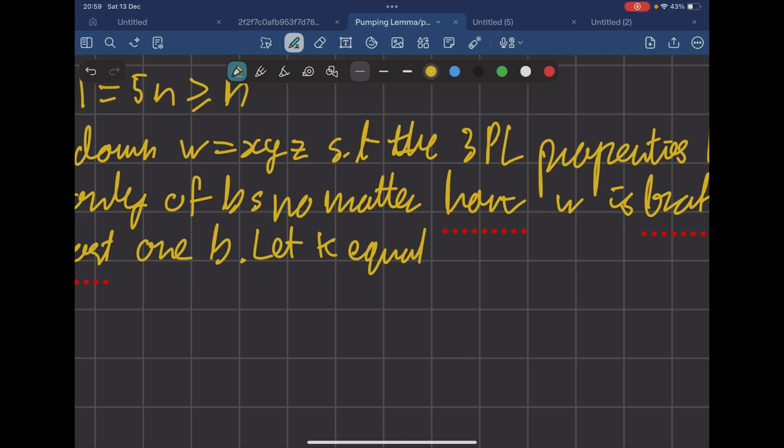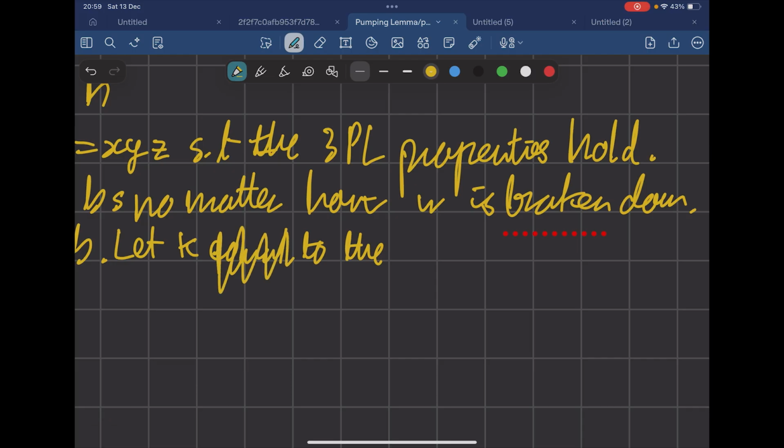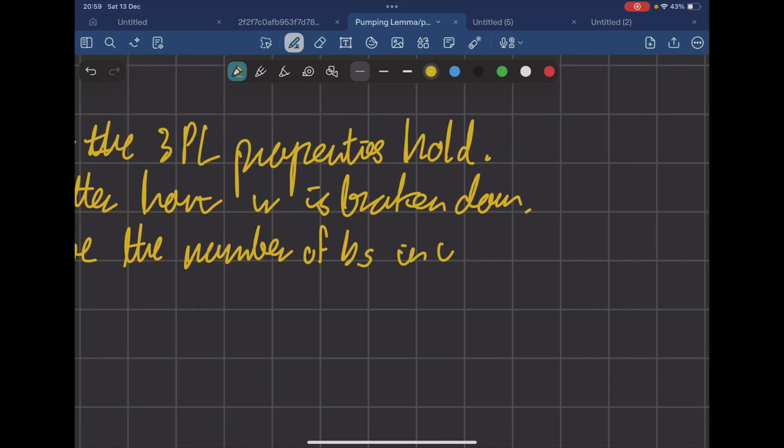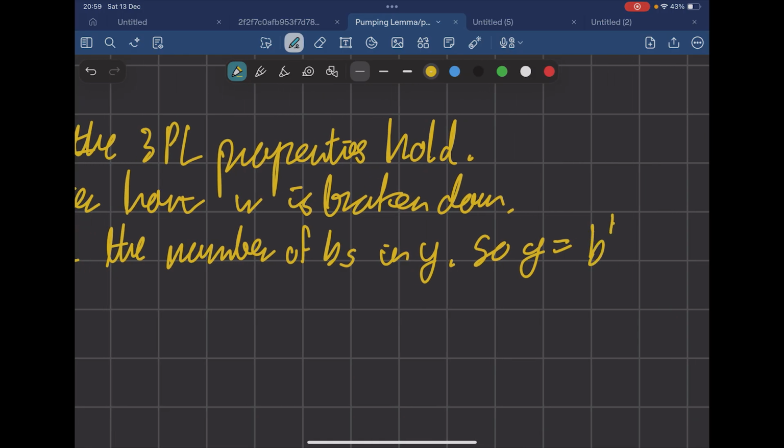Let k be the number of b's in y. So y equals b^k for some k greater than or equal to 1.